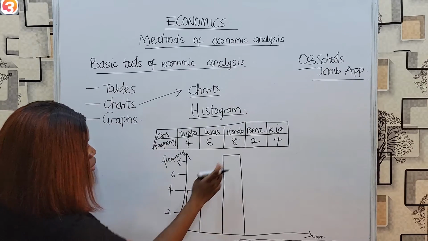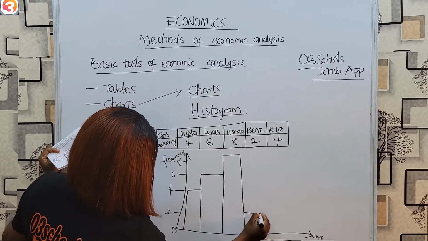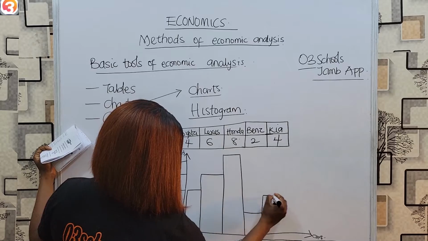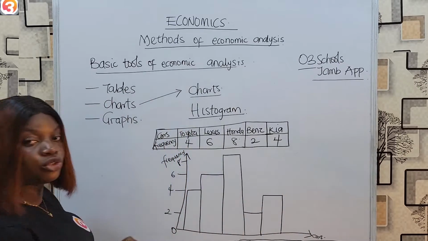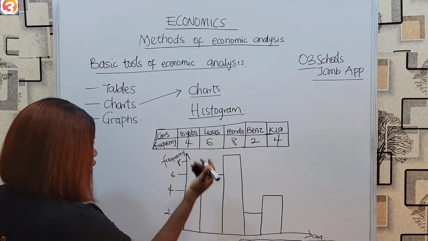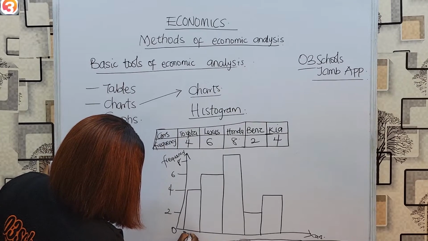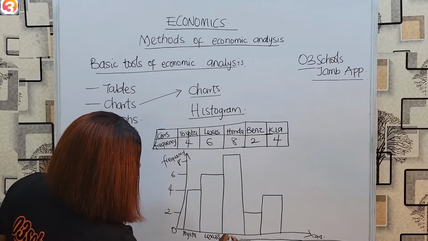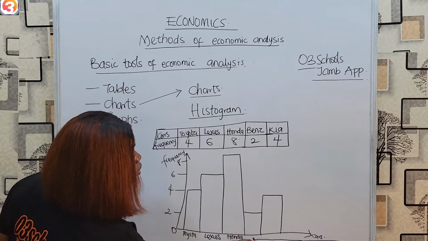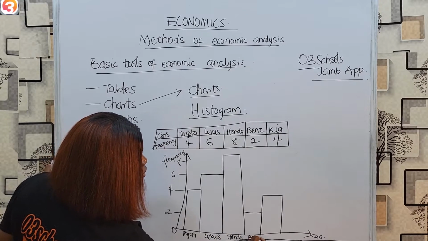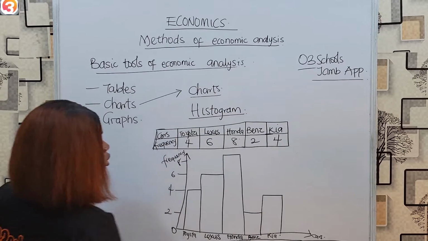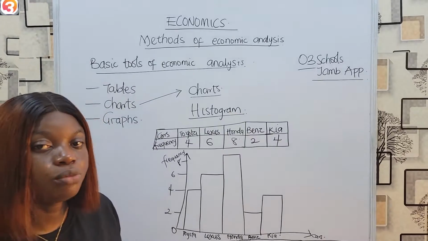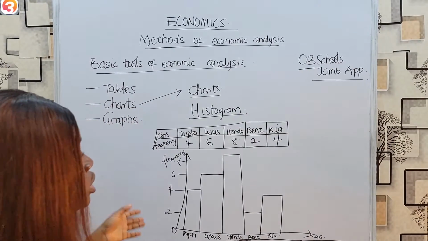Then Benz is 2, then Kia is 4. I wanted to make it a little more representative, so I tried to add more. So this is Toyota, this is Lexus, this is Honda, this is Benz, and this is Kia.